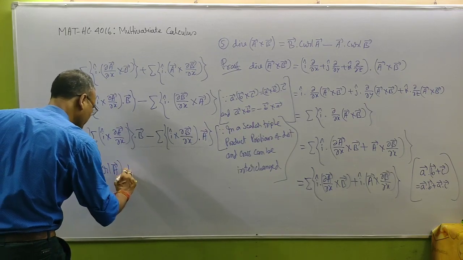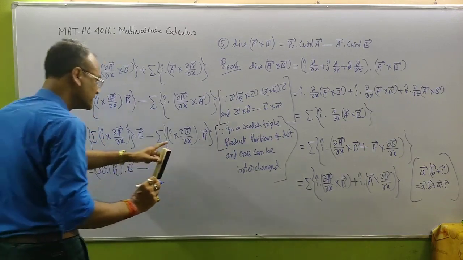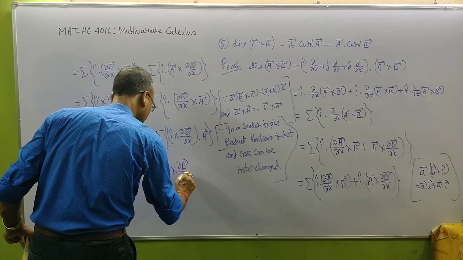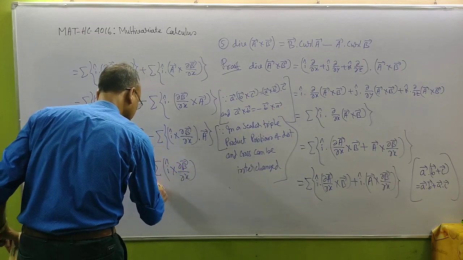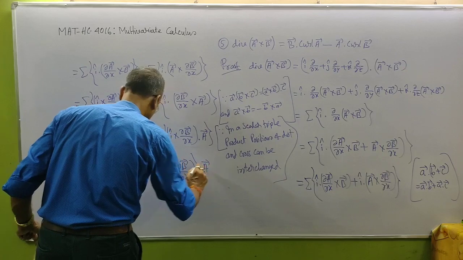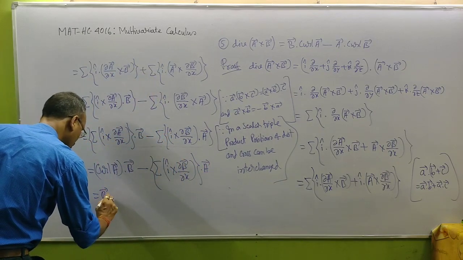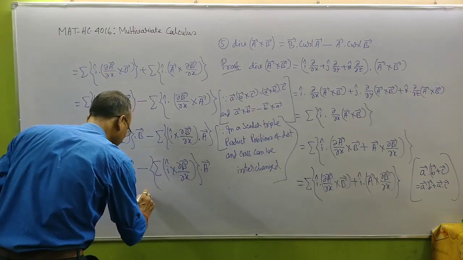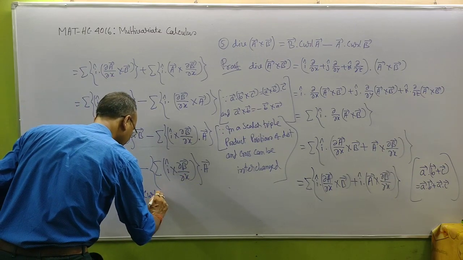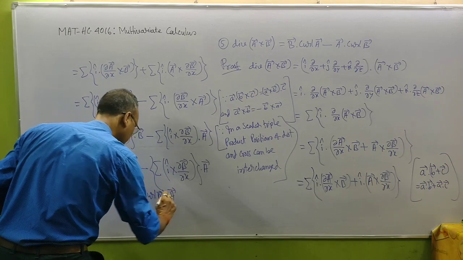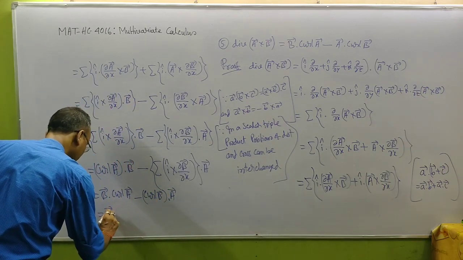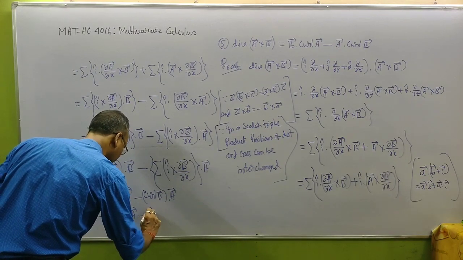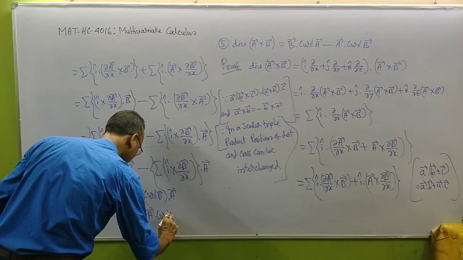Curl A vector dot B minus, here also you may write like this, dot A vector. This is equal to B dot curl A vector minus, it is nothing but curl B vector dot A. Or you can write B dot curl A vector minus A dot curl B vector.